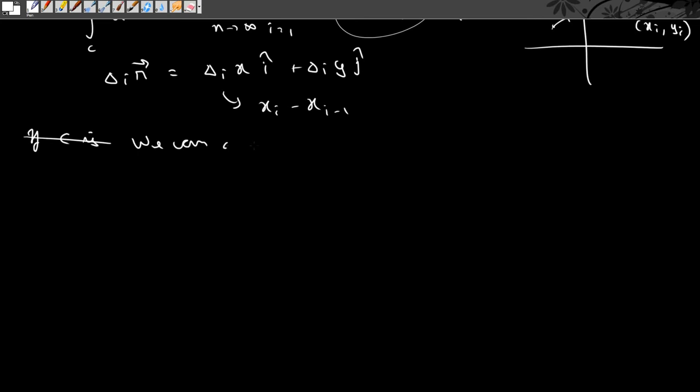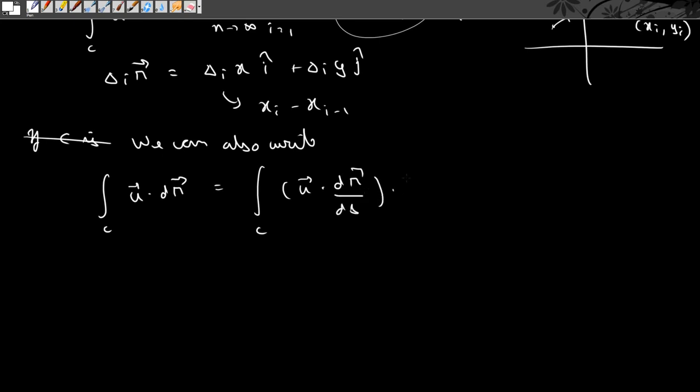Now, we can also write integral over c of u dot dr, which is nothing but integral of p dx plus q dy, as equal to integral over c of u dot dr by ds times ds. Okay, nothing changes here.